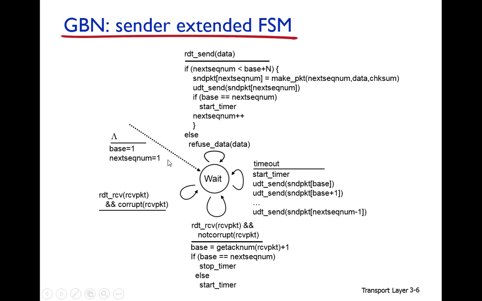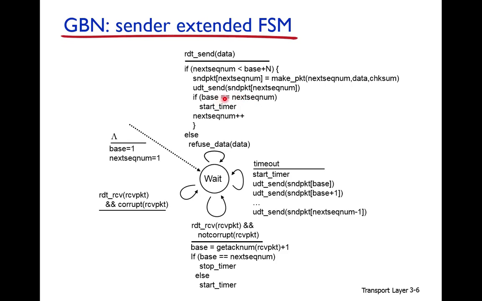Okay. But if the next sequence number is less than base plus N, that means that the whole window is not used, that N packets are not sent, fewer than N packets are sent and their acknowledgement is not received. So it means that we can send more packets. So the packet is built and its sequence number is assigned. Okay, and these packets are sent, and if the base is equal to the next sequence number, what does it mean?